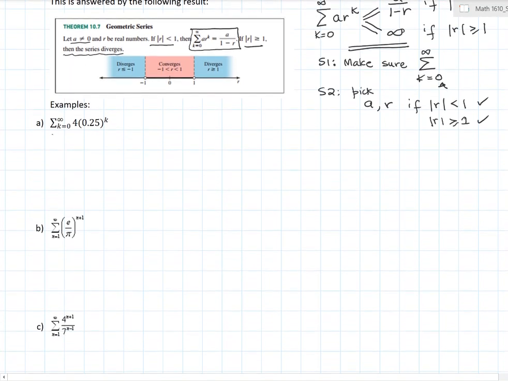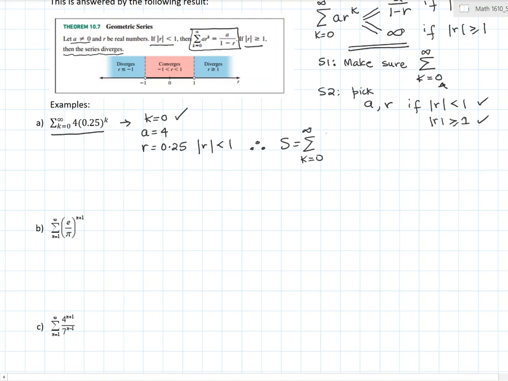So this is obviously the simplest one. Everything is set up perfectly. From here you can see that it is starting from 0, so that's good. a is 4, r is 0.25, and obviously absolute value of r is less than 1. Therefore, we can sum it up.